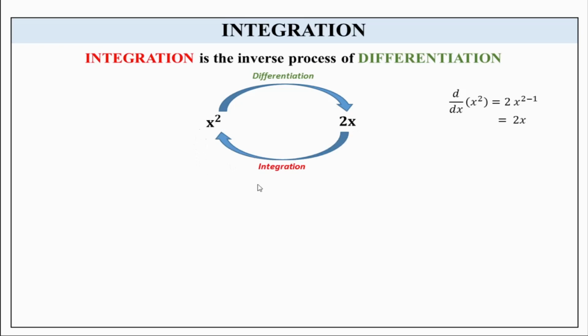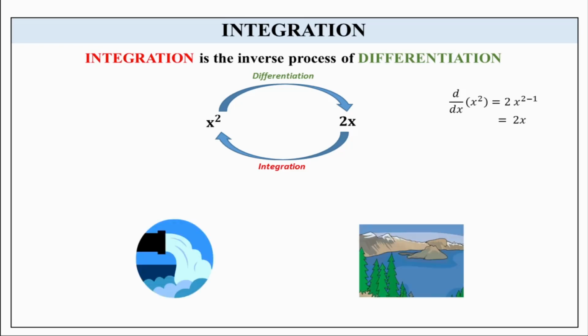Now let me discuss one simple application that I came across for this integration and differentiation concept. Let me consider one canal and reservoir, and let's assume that the flow of water through this canal is 2x. Due to the flow of water in this canal being 2x, it sums up and increases the volume of the reservoir by x square.